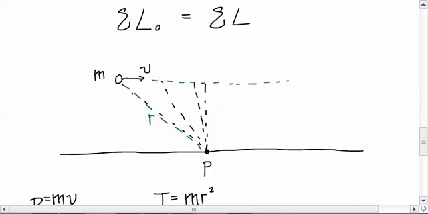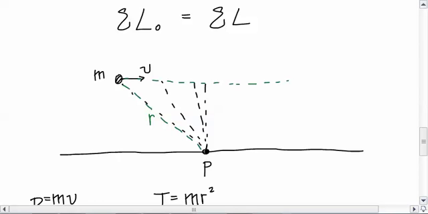If the angular momentum of this object is m r v sine theta, what's happening to r and theta with respect to this point P on the ground as my object moves to the right? r is decreasing, and theta is increasing.